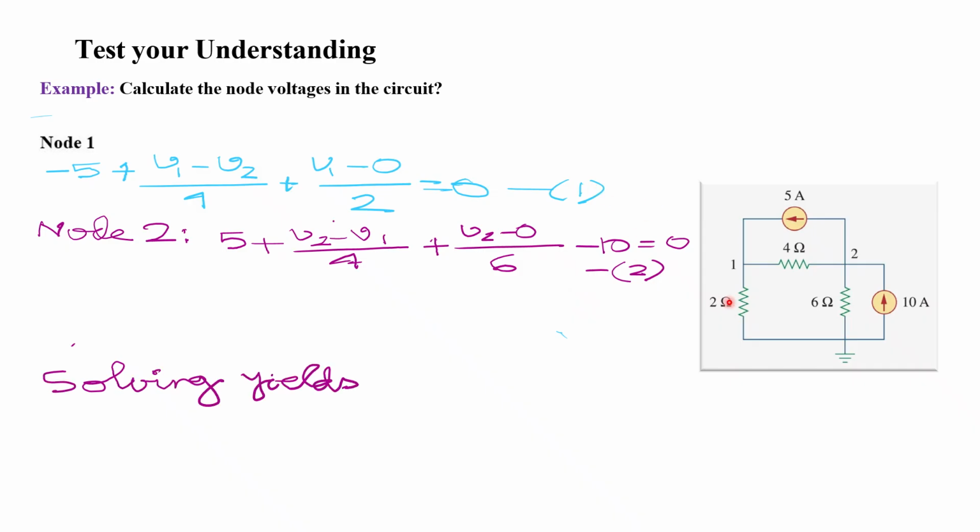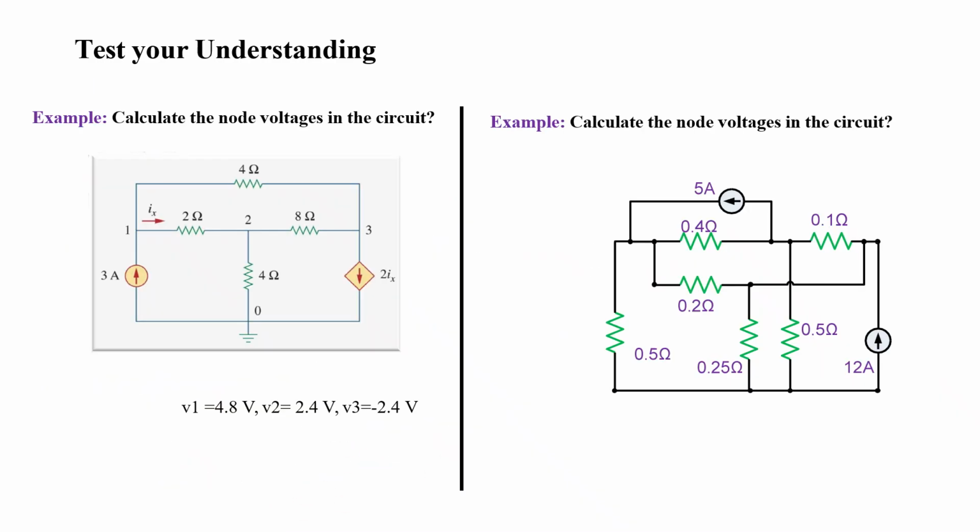There are two equations and two non-reference nodes. Total 3 nodes are there, so n-1 means 2 simultaneous equations need to be solved, which are given here. Solving yields the voltages at node 1 and node 2 as 13.33 and 20 volts. This may be the home task for the observers.